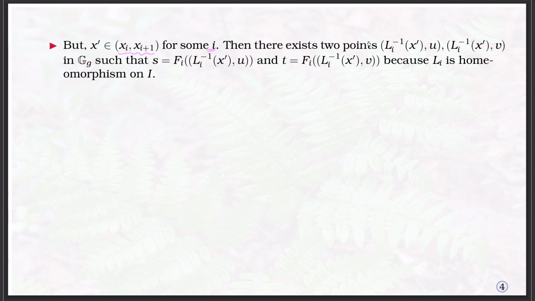Then there exist two points, u and v in G, such that s can be written as F_i of (L_i inverse of x dash, u) and t can be written as F_i of (L_i inverse of x dash, v), because L_i is a homeomorphism on I. That means we have x comma s and x comma t: for the same x, we have two different images s and t.